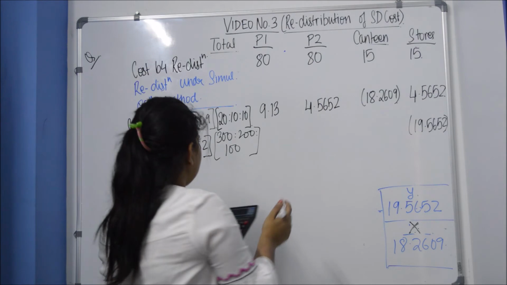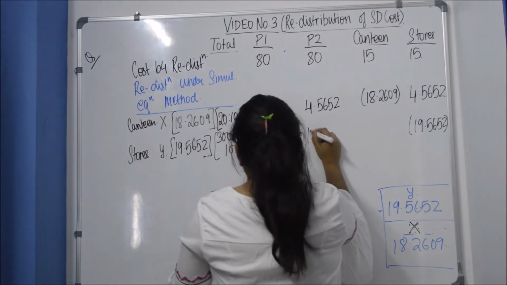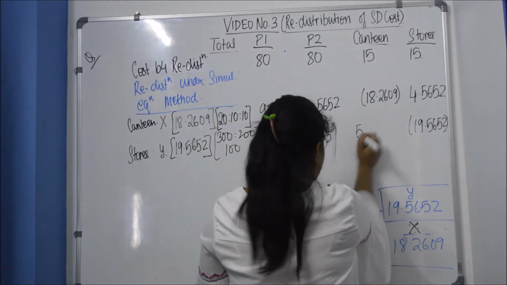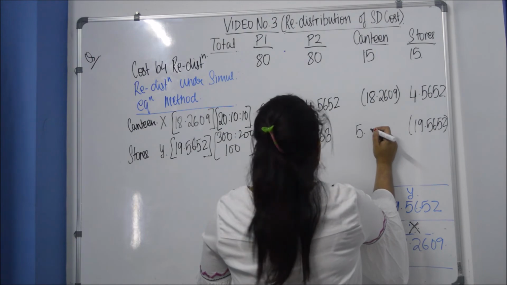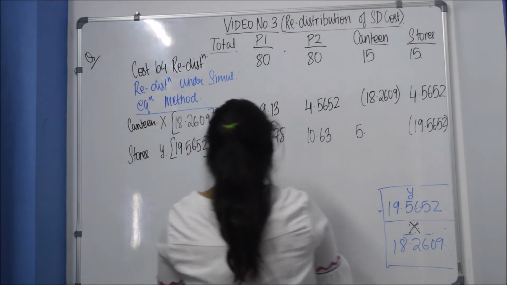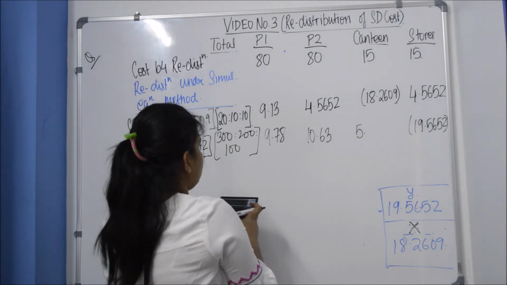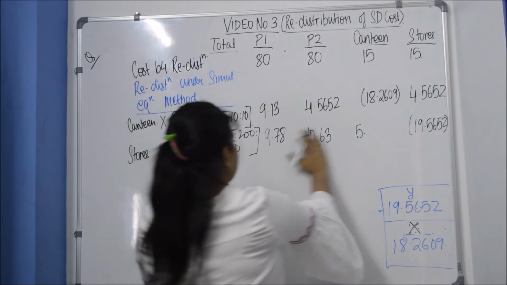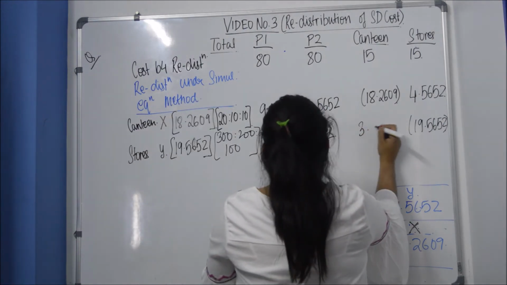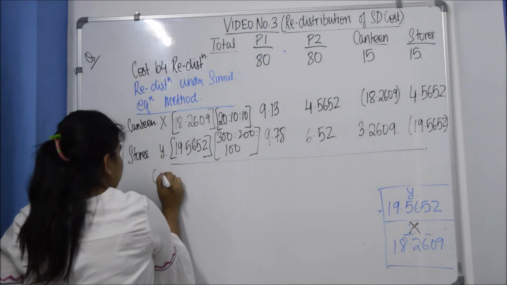So 19.5652 divided by 6 into 3, 2 and 1 would be 9.78, 6.52 and 3.2609.